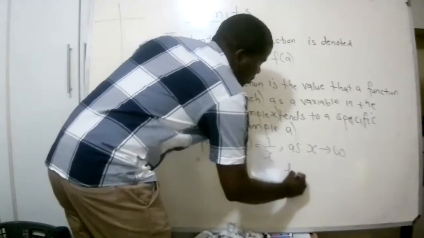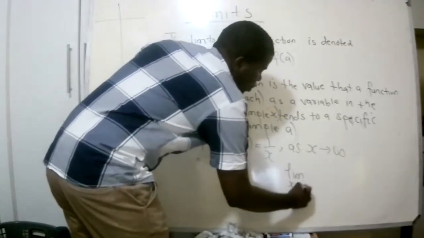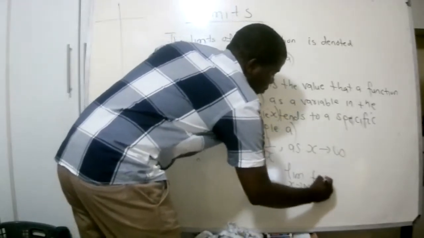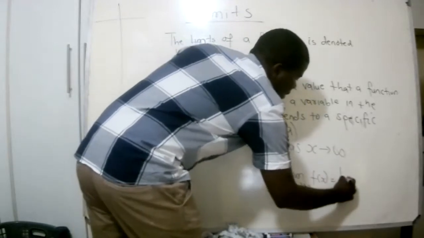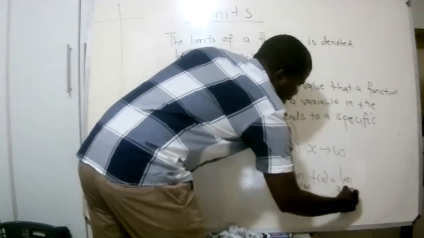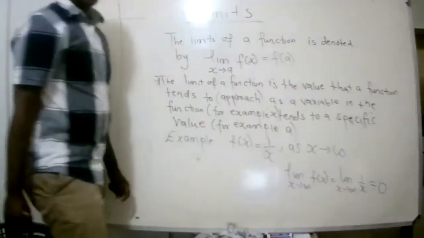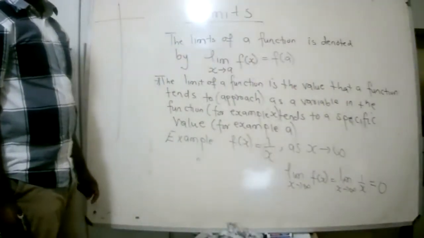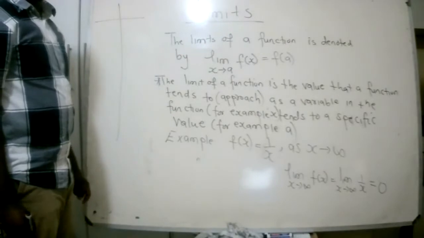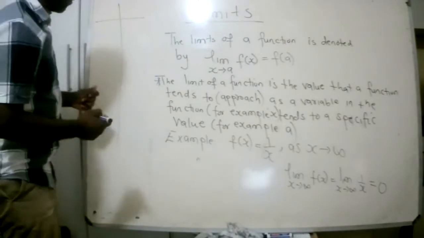So we're going to have the limit when x approaches infinity of f of x, which is the same as the limit when x approaches infinity of 1 over x, equal to 0. You can see that expression now? Yes. All right, wonderful.